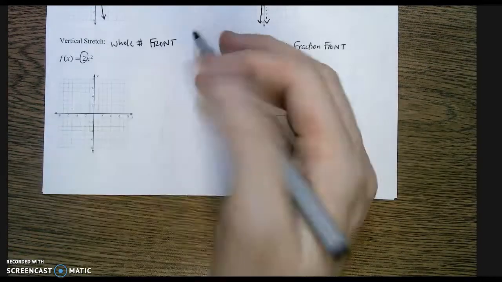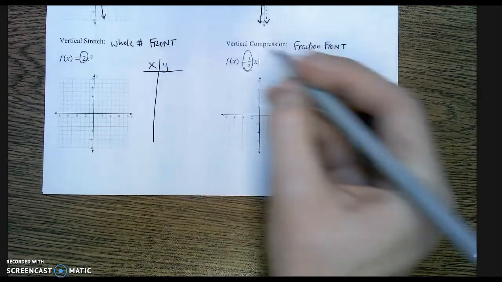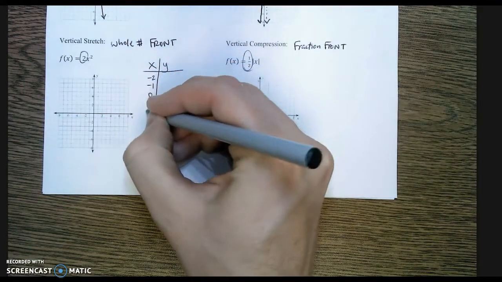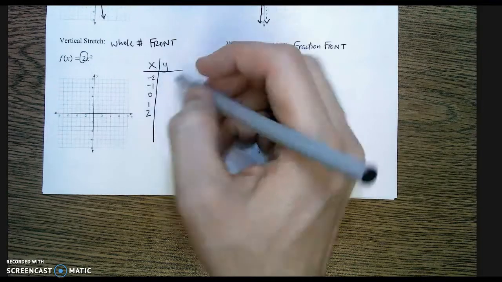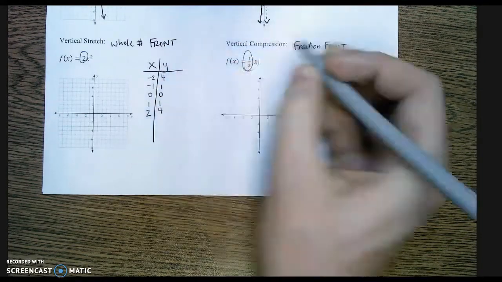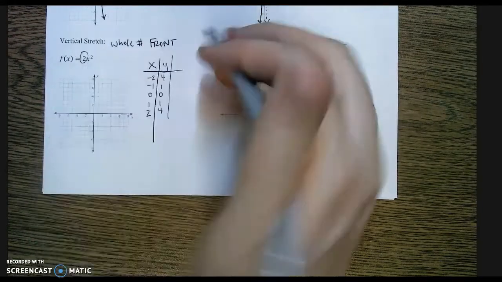So if we think about x squared, let's think about what the table would give you. And remember, if we plug in -2, -1, 0, 1, and 2, and we square these, then we end up getting 4, 1, 0, 1, 4. But what we're doing here is we're taking all the y values times 2.